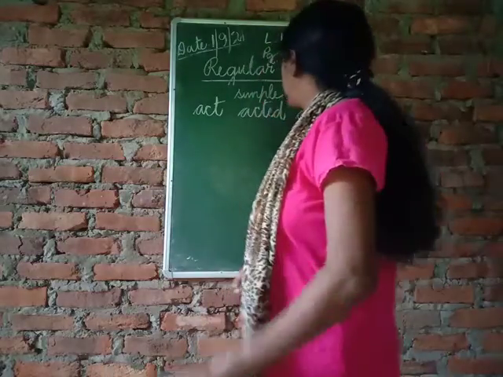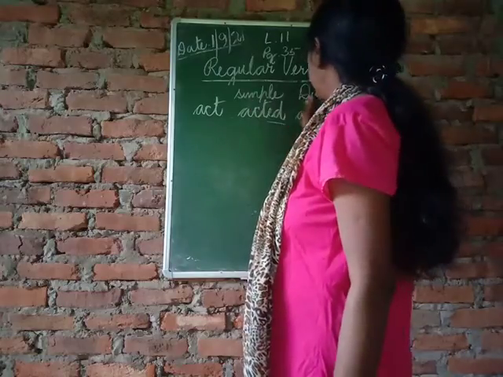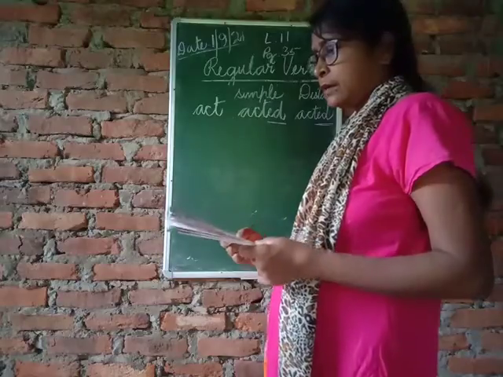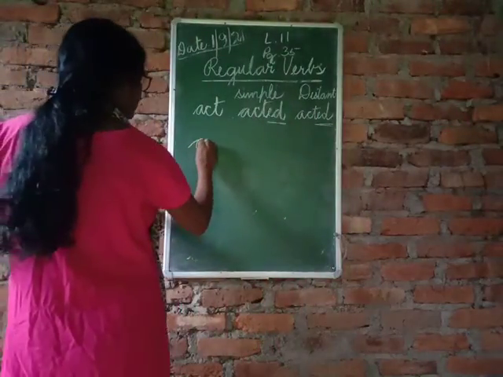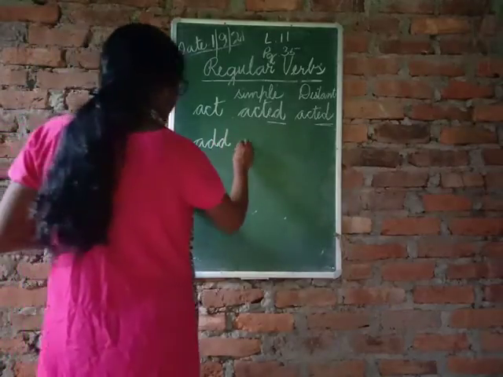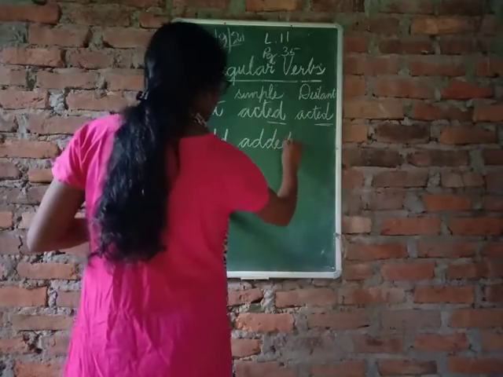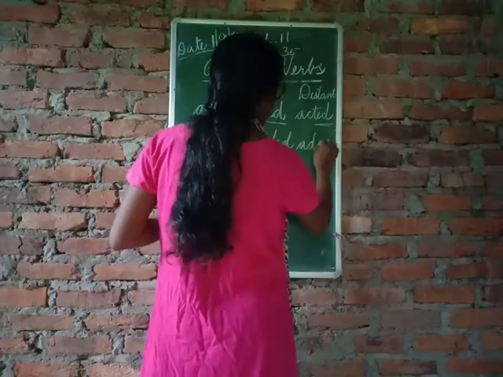So to show that you have to put ed in simple and distant. We have to put ed. Add, added, আগতেও মিলাইছিলে, added.